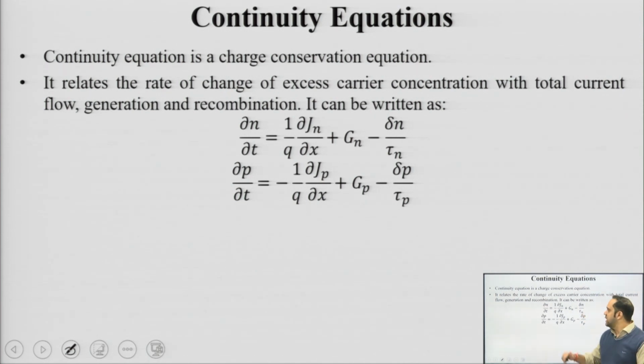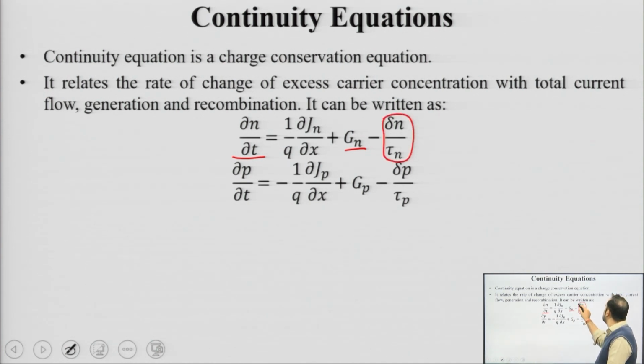So, the rate at which, say, electron concentration changes, by rate we mean rate of change of carriers per unit volume. So, this is number of electrons per unit volume per unit time, equal to 1 by q times the change of current density with respect to distance, that is incoming flux minus outgoing flux, plus any generation, Gn is the rate of generation, minus the rate of recombination.